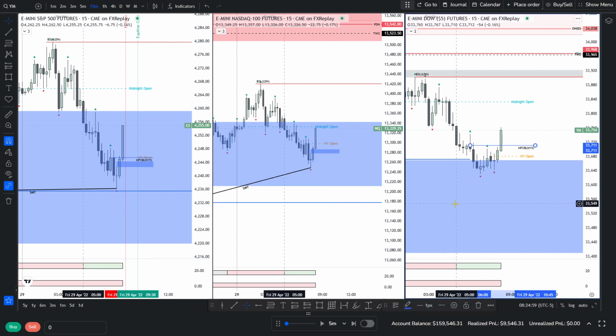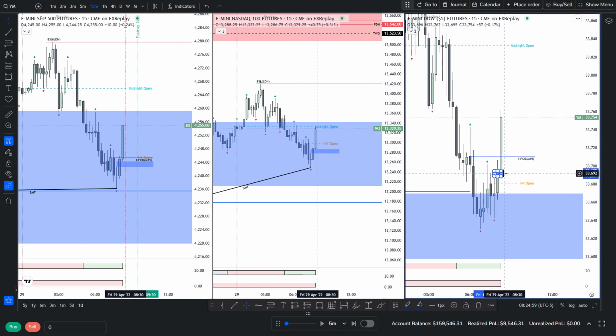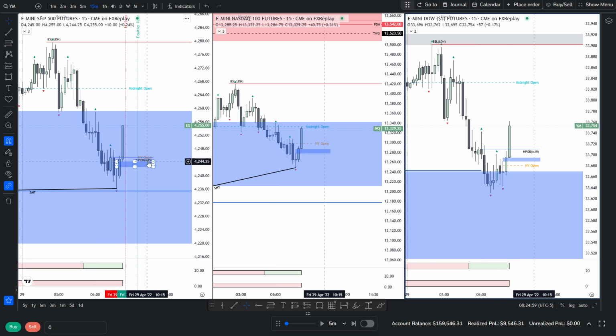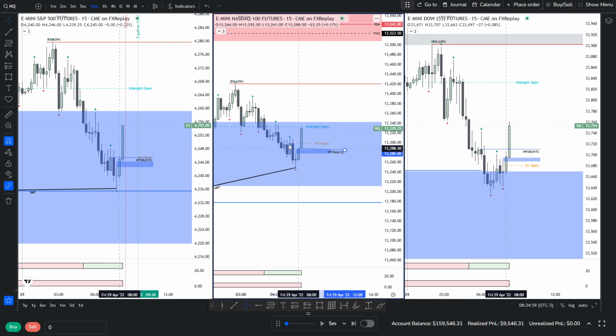And although not confirmed, so it would be, because technically we're not at the news yet, so this is all pre 8:30, right? So certainly not confirmed. I'm marking up, but it does not mean I'm engaging anything yet. Because this could quite comfortably still go lower.